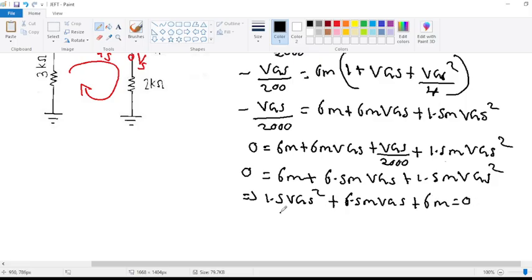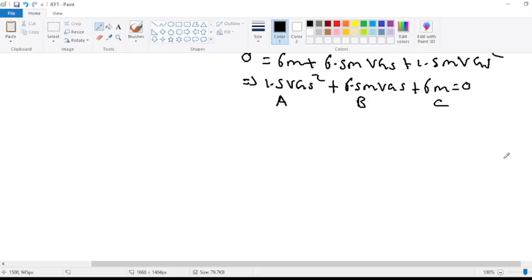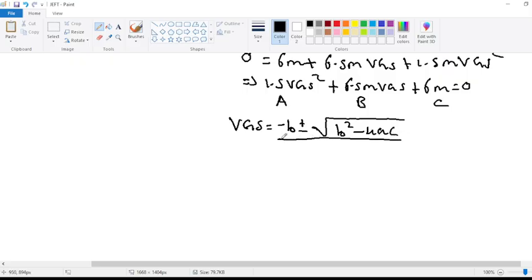So meaning this one becomes our A, this one becomes our B, and this one becomes our C. Then we can solve this with the quadratic formula. VGS is equal to negative B positive or minus the root of B squared minus 4AC over 2A.